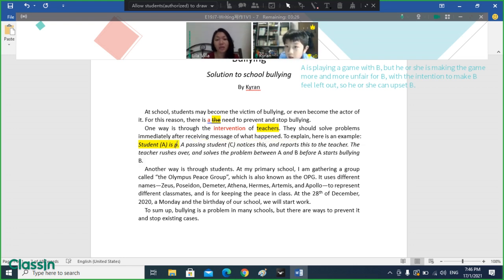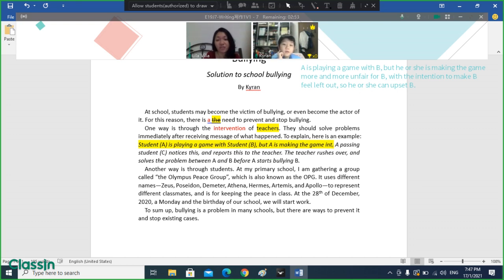Student A is playing a game with student B, right? But let's just use letters for clarity. A is making the game, let's say, intentionally unfair.